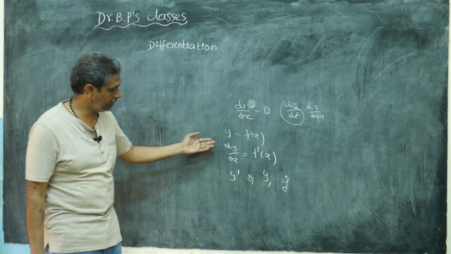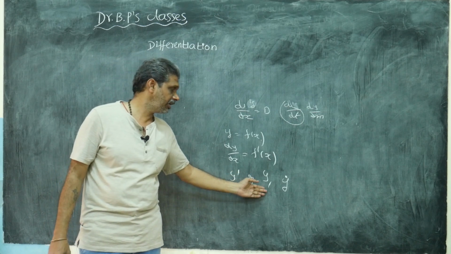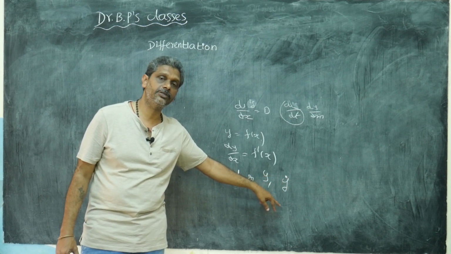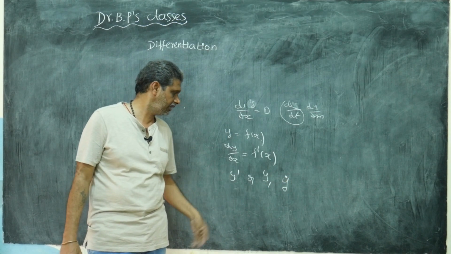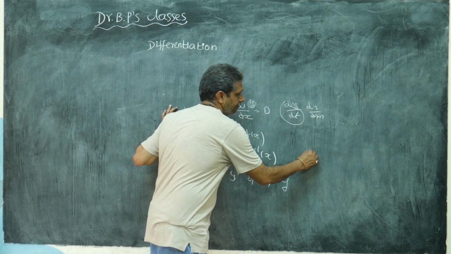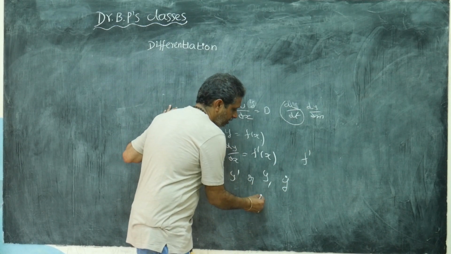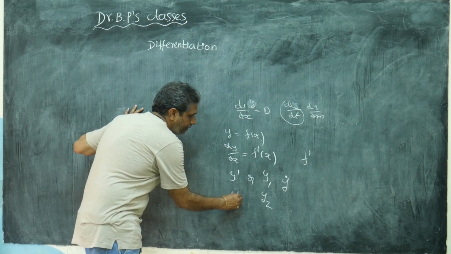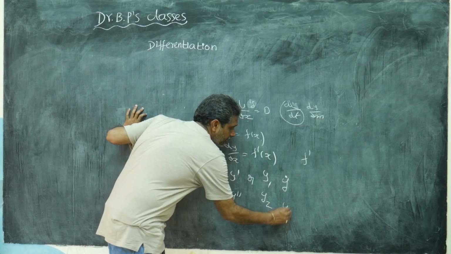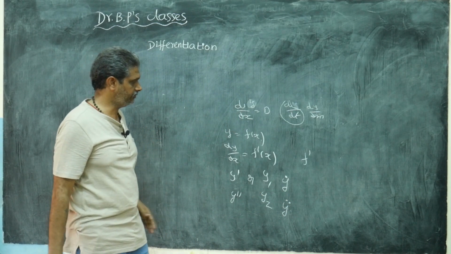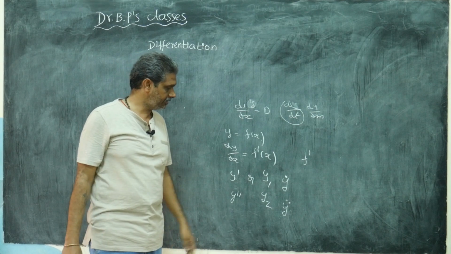You can write dy by dx or y dash or y1, or y dot, where the variable is what we differentiate with respect to. In parametric form I may use this, I will tell you later. These are different notations they will use. f double dash, y2 means second derivative, or y double prime or y double dot. So they use different notations. Usually these are the different notations I will use.